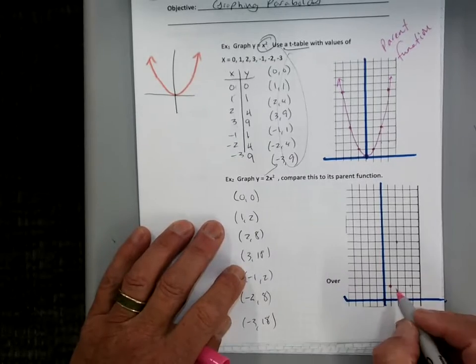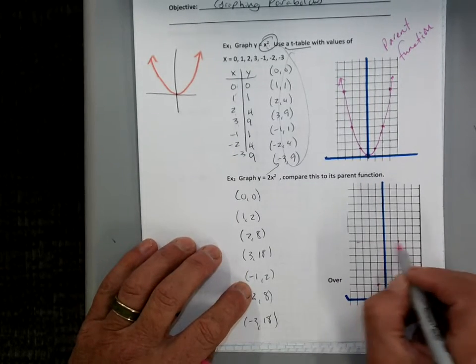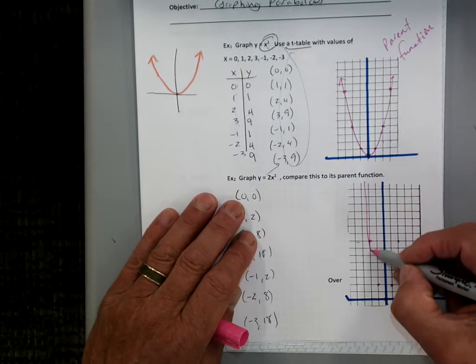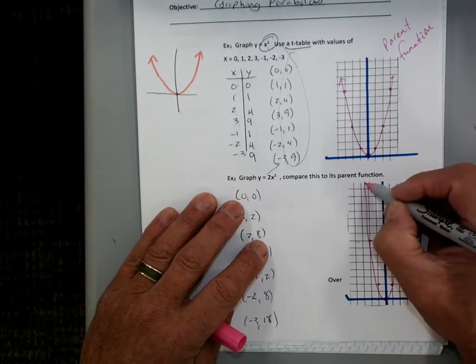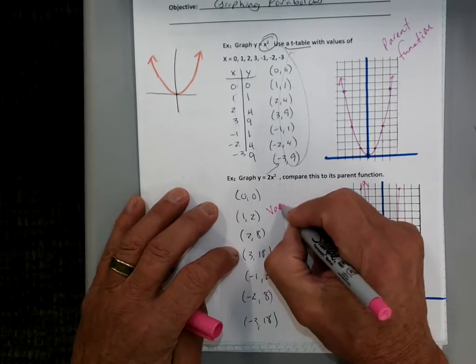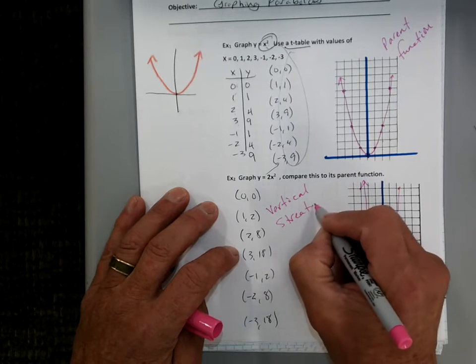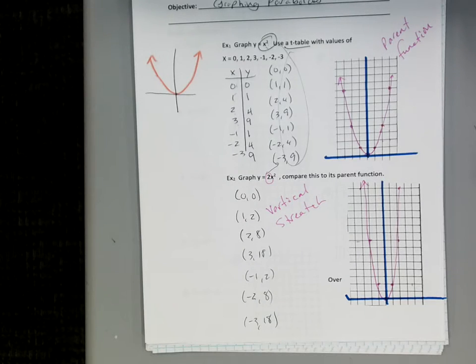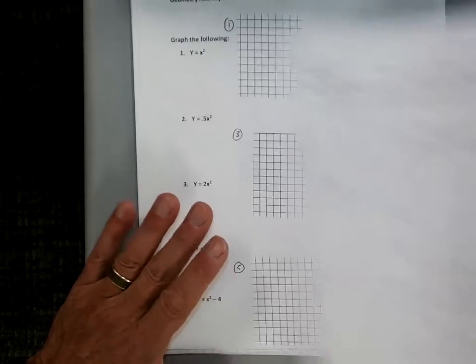See how this, I know there's got to be a point there, but that's my -1, 2. See the symmetry? Right there. And then even higher. So this is twice as tall. It's my parent function, but it's a vertical stretch of 2. All right. Same shape, same parabola, except it's a vertical stretch. It's twice as tall.